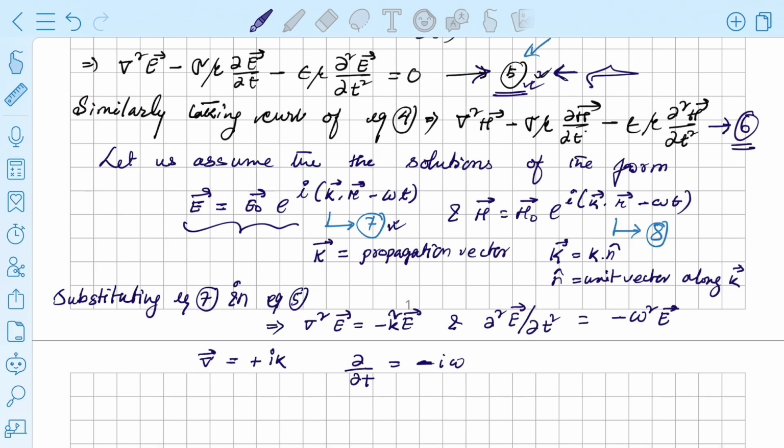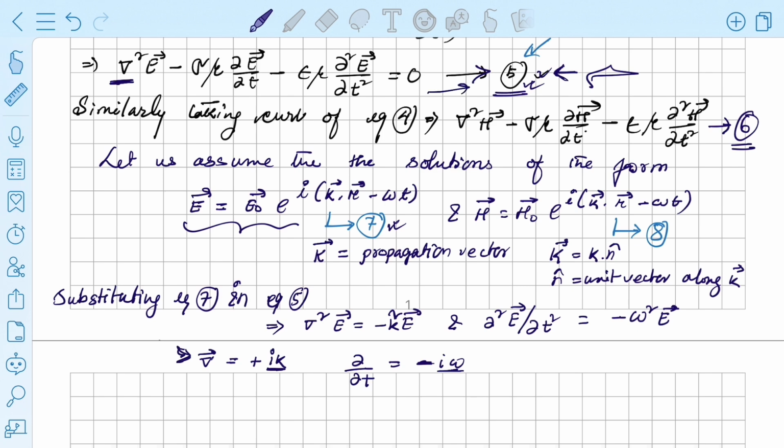Now you see, if we use these results, instead of del, i k, and instead of del t, minus i omega, then equation number 5 will be of this form.